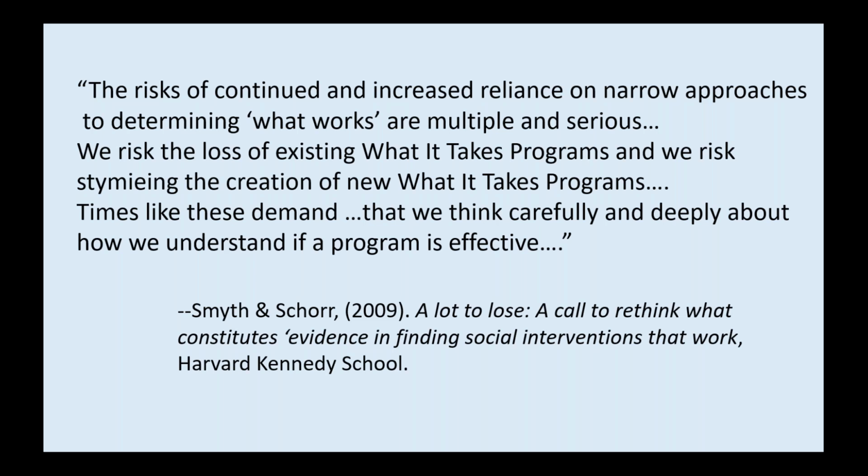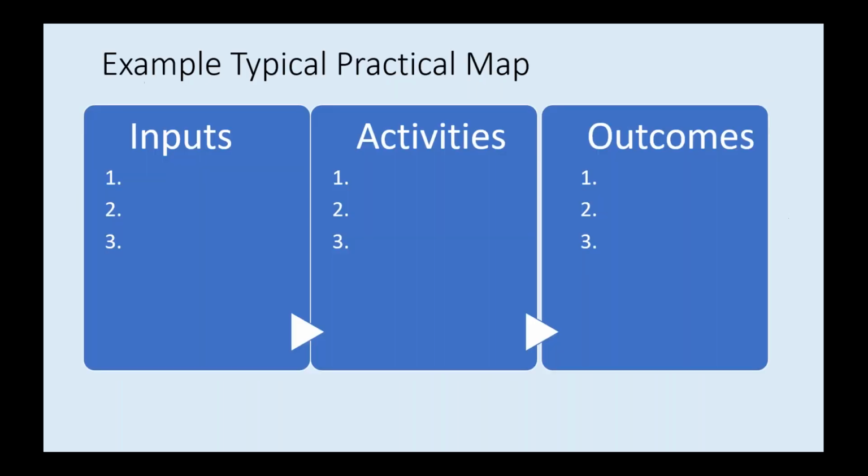We risk the loss of existing what it takes programs." They're talking about programs that do what it takes to make a difference in the lives of people who need help the most. And we risk stymieing the creation of new what it takes programs. Times like these demand that we think carefully and deeply about how we understand if a program is effective.